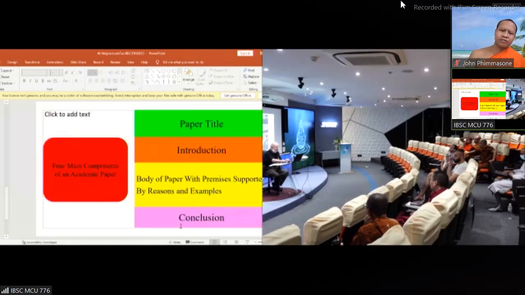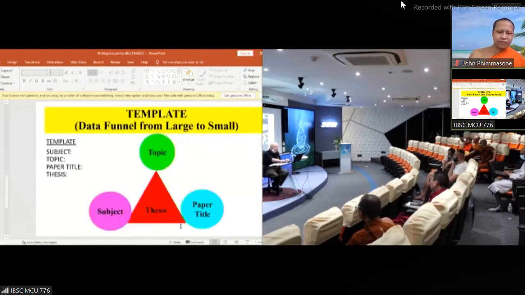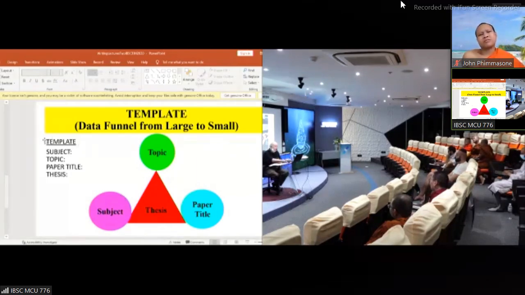So going back, what the students are doing here is a technical way of illustrating these big concepts. These are big concepts. And on a sheet of paper, I call it a worksheet, we generate the data like this. Subject, topic, paper title, thesis is a template. We work from big to little.